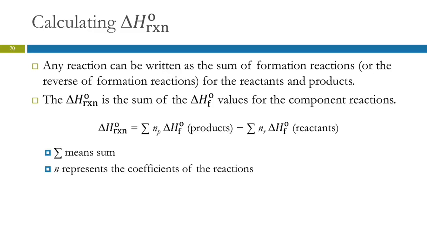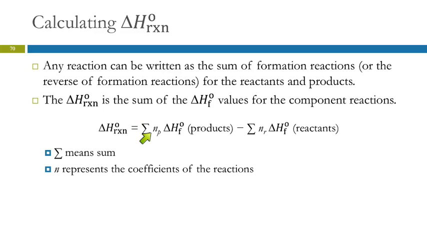So any reaction can be written as the sum of formation reactions or the reverse of those for the reactants and the products. Because we can do that, we can actually shorten things up significantly and say that standard heat of reaction is going to be the sum of the heats of formation for those different reactions that we're imagining.